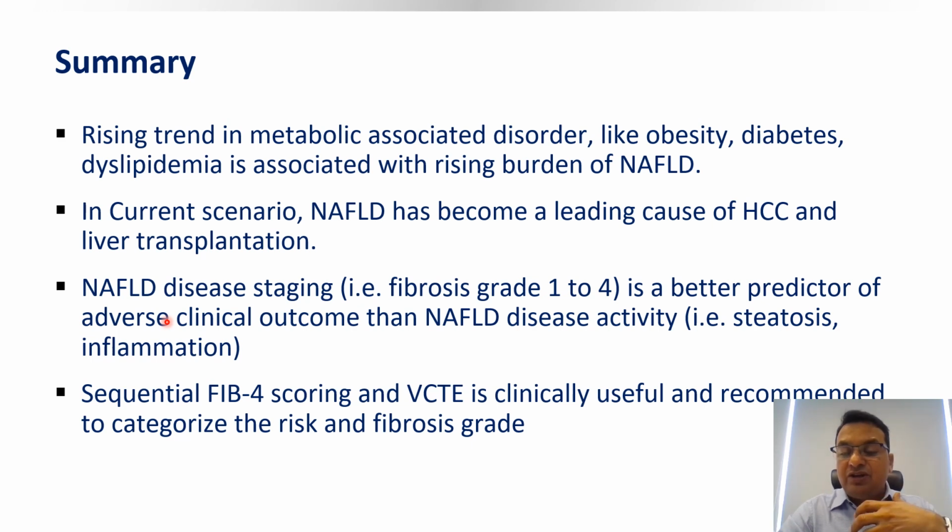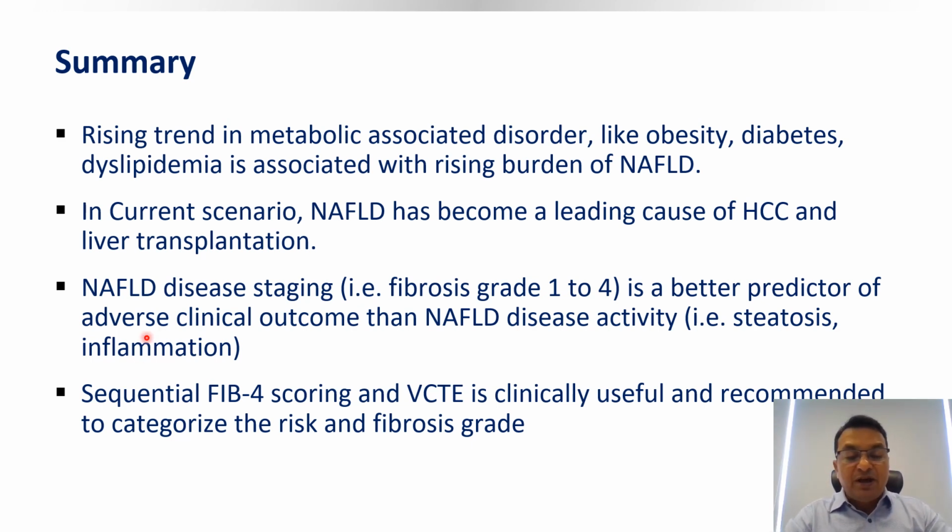And what should we screen? We should screen for the fibrosis staging, right? So, do we require biopsy to grade fibrosis? Answer is no. We can use a biochemical parameter based scoring system, or we can go for non-invasive imaging technology.